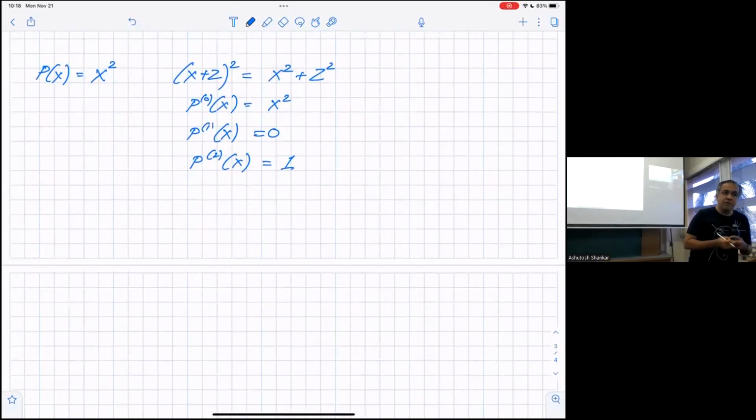I guess the key point is that in the standard derivative, once it becomes 0, it will stay 0, because the standard derivative is defined as an iterative process. The third derivative is the first derivative of the second derivative. That's how we define the derivatives: you just define one derivative and say the i plus first derivative is the derivative of the ith derivative.